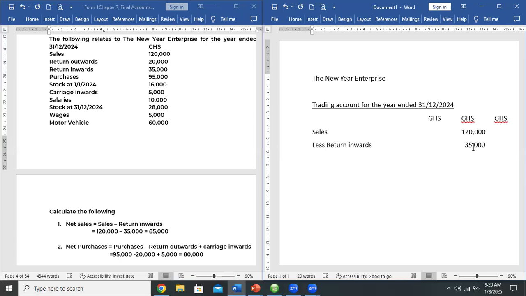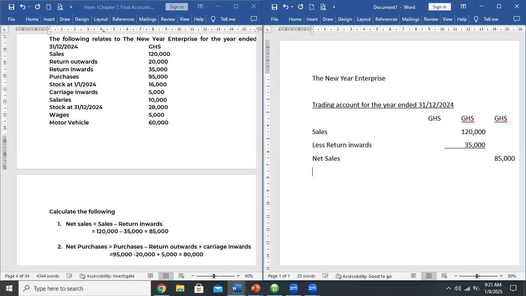Okay. So you less it, so you have to underline, and then your next line will be your net sales. And the net sales will go under the 3rd column. Okay, under the 3rd column. And that's what we all got, 85,000. Beautiful, like that. So you have your net sales.